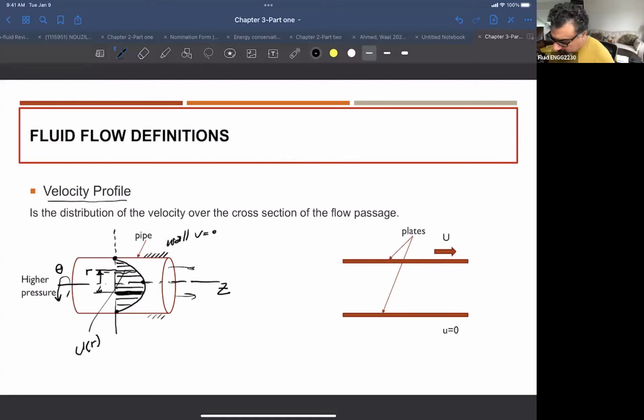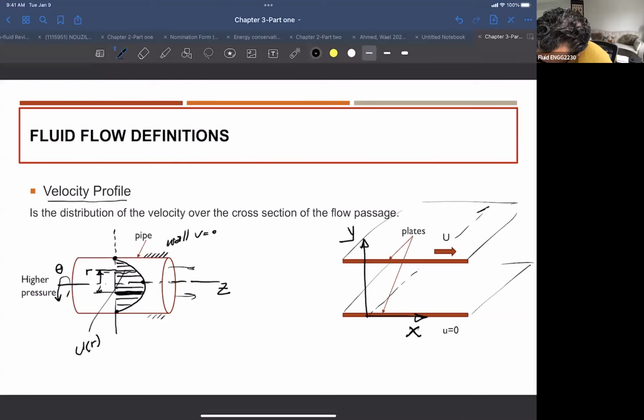Okay, how about if we have a parallel plate like this? And I'm gonna plot again the velocity distribution. But if this is a plate, basically the appropriate coordinate for this will be Cartesian coordinates. So this will be our y, this will be our x, and if you want, this will be your z. Okay, so I have one plate that is moving with a velocity U capital, and one plate that is fixed.